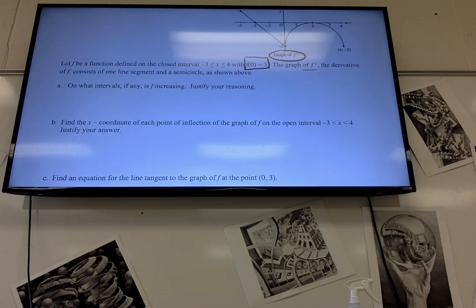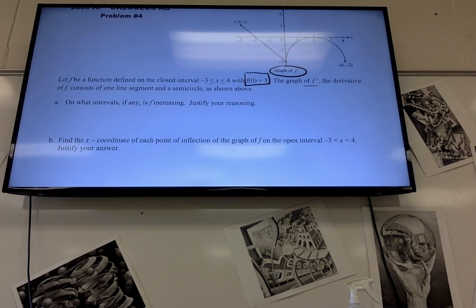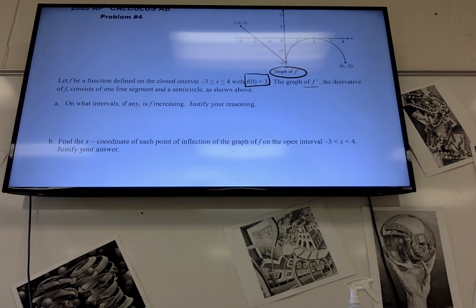On what intervals, if any, is f increasing? This doesn't even have anything to do with what we're doing right now. This is just, let's put it all together. I'm trying to find where f is increasing. Would you say negative 3 to negative 2?